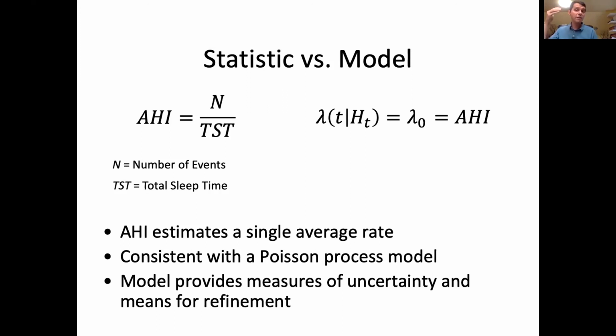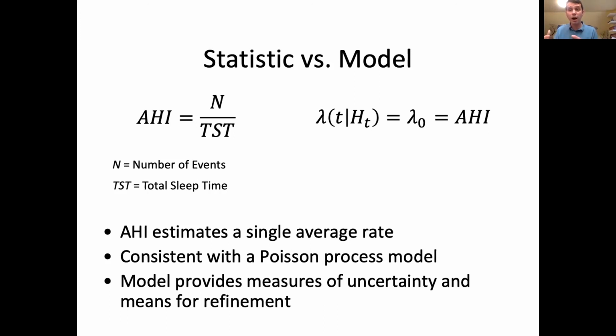So another way of thinking about the AHI is the output of an estimated rate when you believe that the rate is constant, isn't dynamic, and the only thing that matters is the number of events and not the temporal patterning of events. Now, this isn't to say that there's no use in looking at the AHI. In fact, you have a model now.